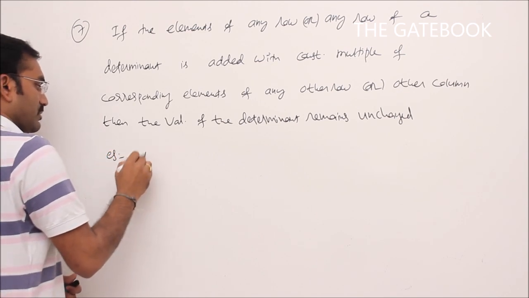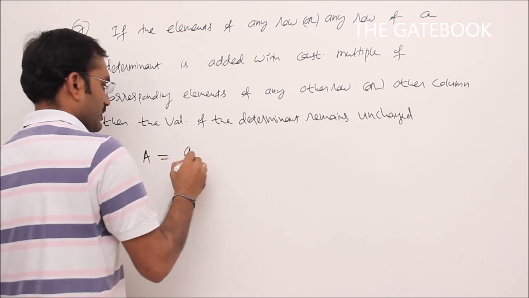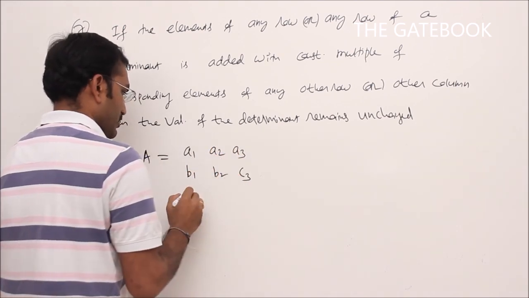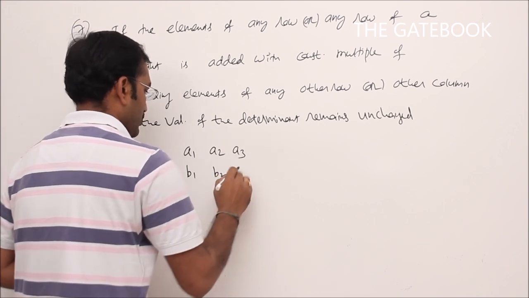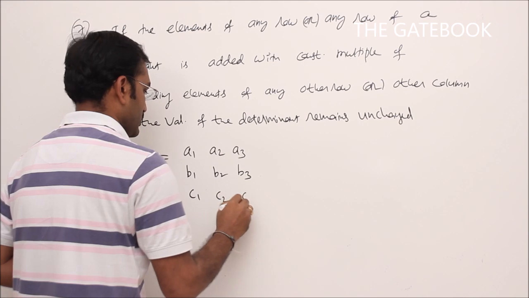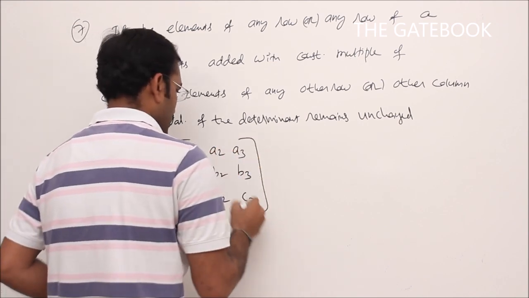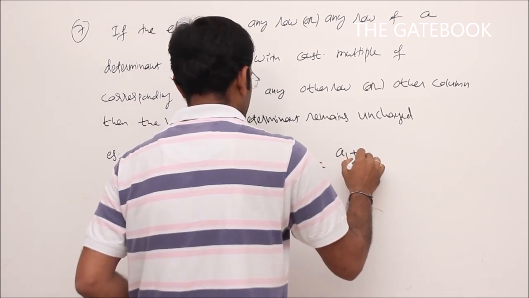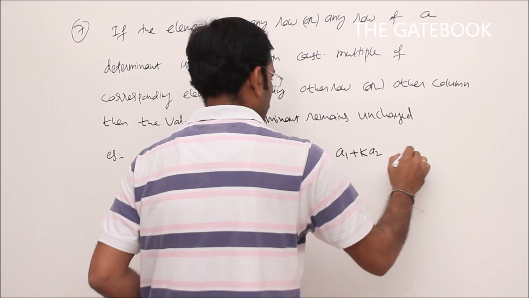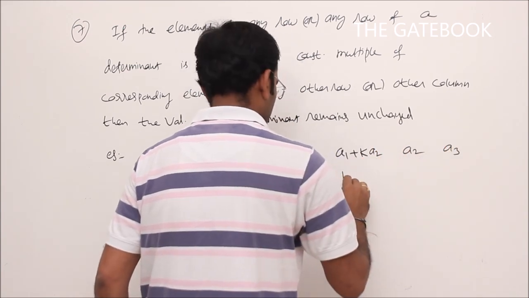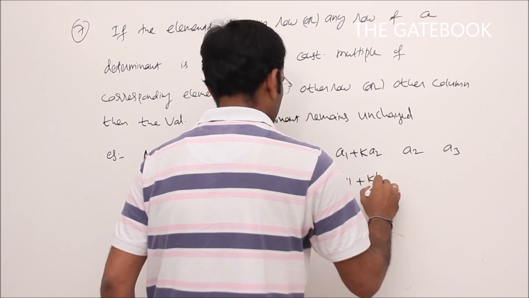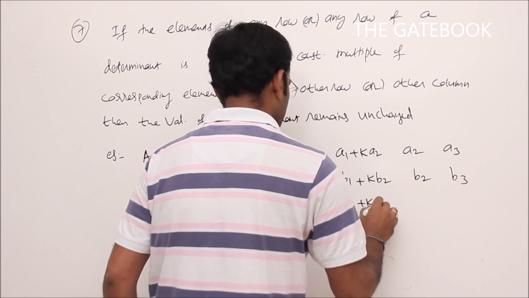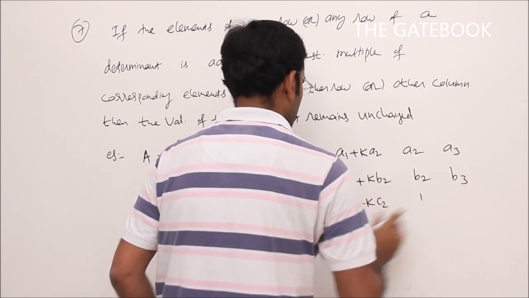See, for example, A is equal to A1, A2, A3, B1, B2, B3, C1, C2, C3. Now, see here, the matrix B is obtained like this: A1 plus KA2, A2, A3, B1 plus KB2, B2, B3, C1 plus KC2, C2, C3.